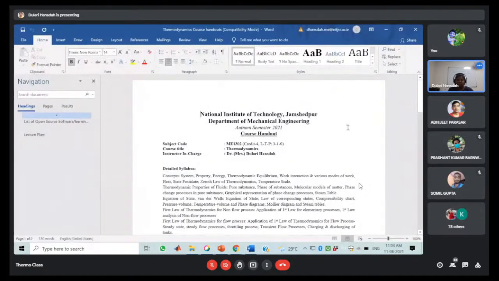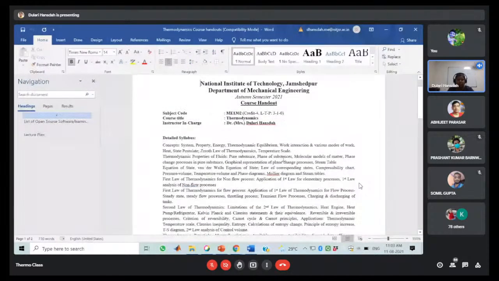Okay, so as you can see, this subject code is ME1302 and your subject is thermodynamics. Here we have the detailed syllabus in which I am going to teach you the basic concepts like system, property, energy, thermodynamic equilibrium, work interaction, various modes of work, heat, state postulate, zeroth law of thermodynamics, temperature scale, pressure.